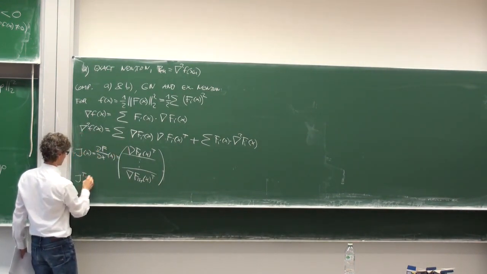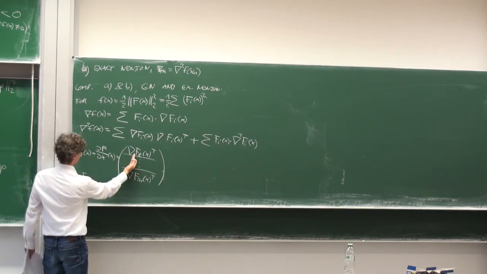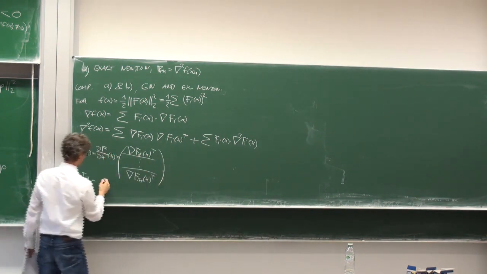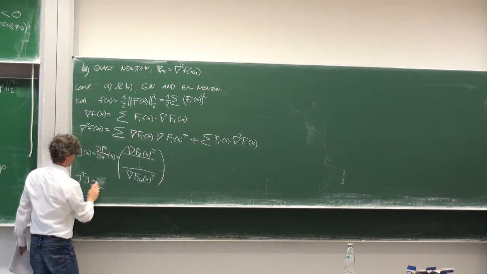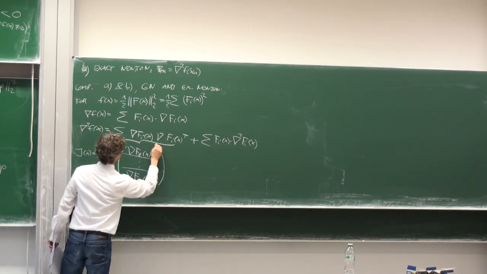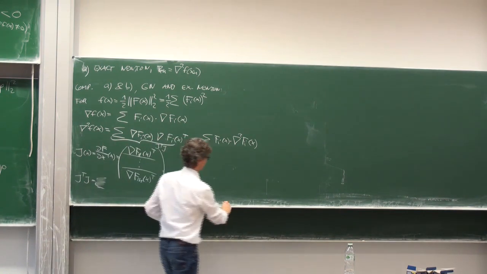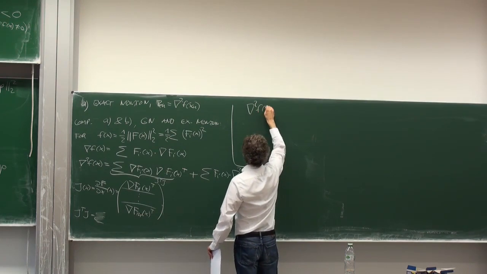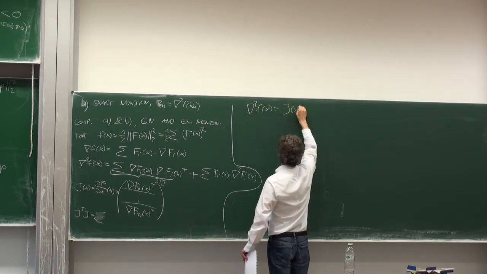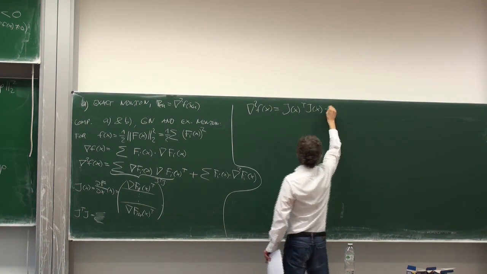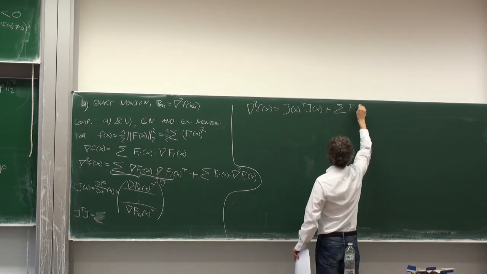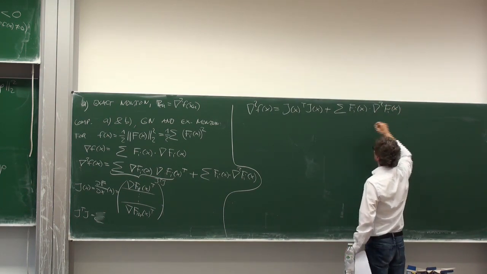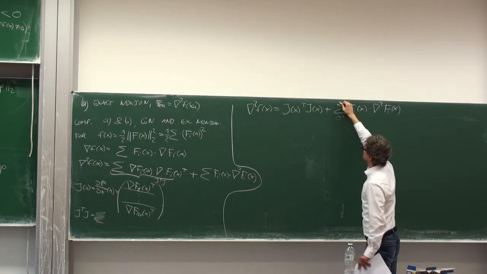You see this thing transposed gives you this, and then they are all multiplied with each other, and at the end it's the sum of these things. So this is actually J transpose J, and we can go on and say that nabla squared f of x is given by J(x) transpose J(x) plus the sum of f_i of x times nabla squared f_i of x, i from 1 to m.